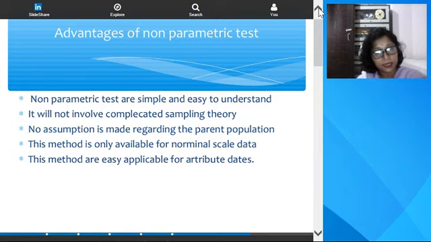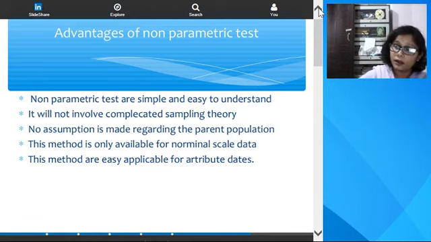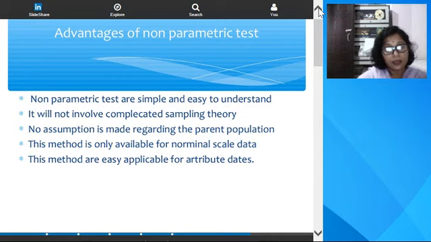You know, interval scale and ratio scales have the characteristics of nominal scale and ranking, which is ordinal scale also. So they are more powerful than non-parametric tests. So we have to identify the less powerful statistics which are non-parametric tests. They have some merits and demerits.